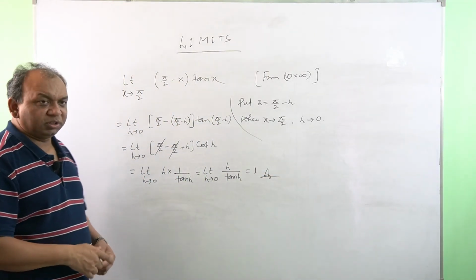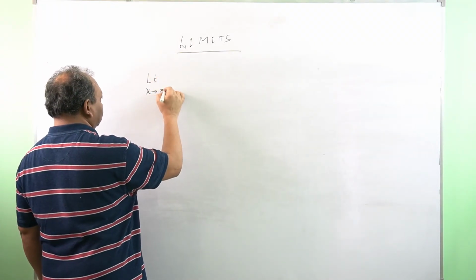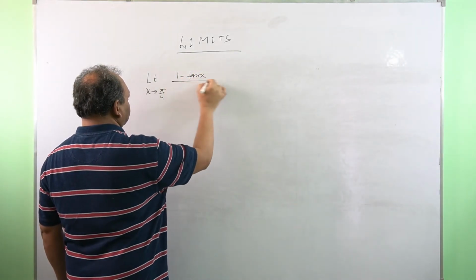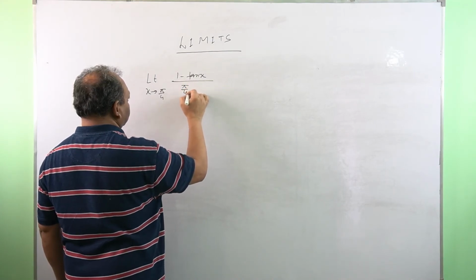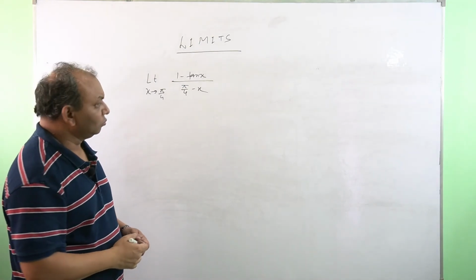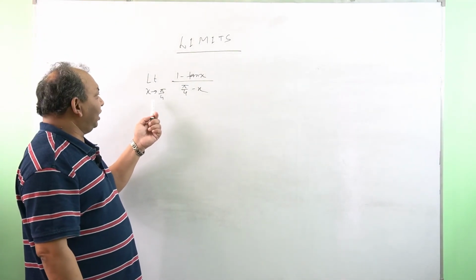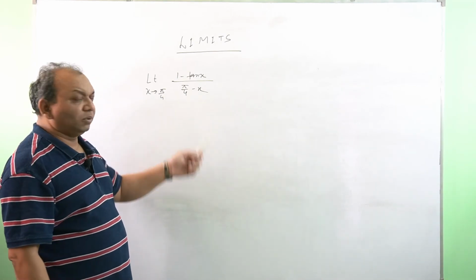Let's take one more example. The question is limit x tends to pi by 4, (1 minus tan x) divided by (pi by 4 minus x).